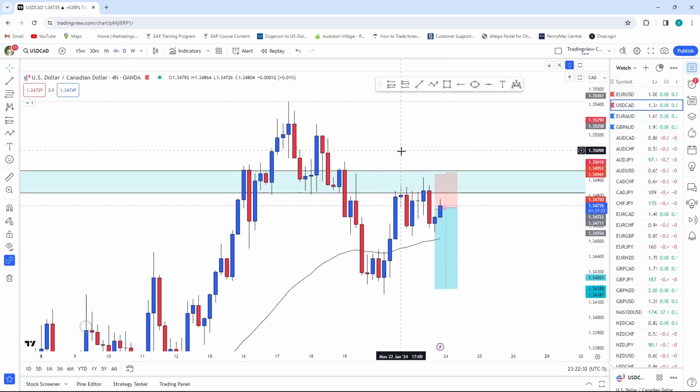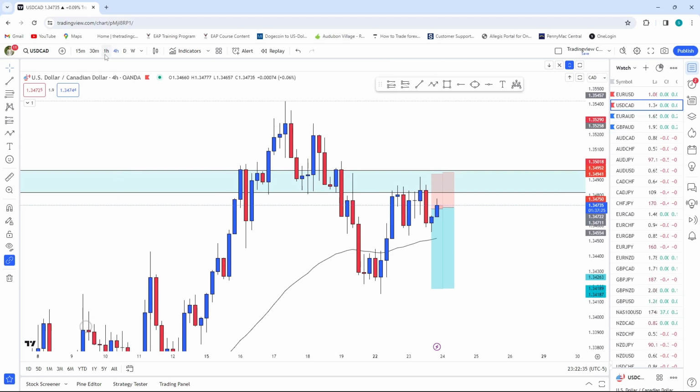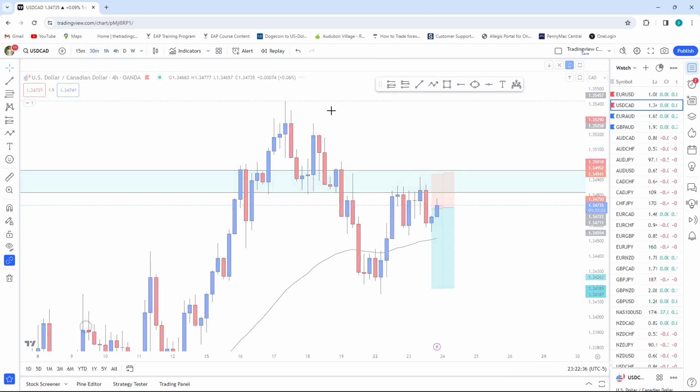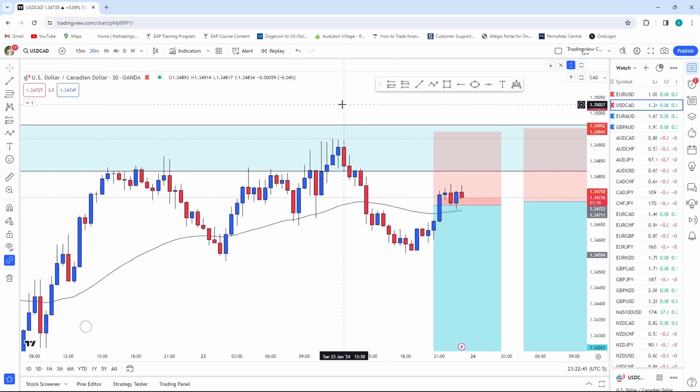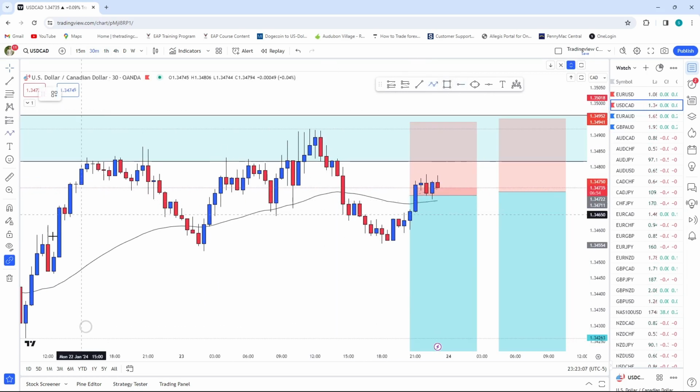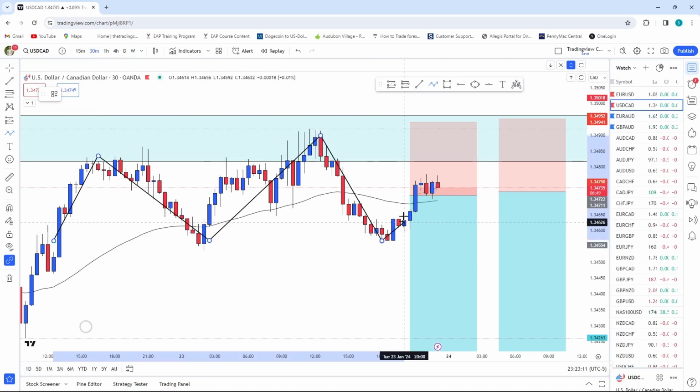So once I saw that we looked like we were retesting the 4-hour neckline, I went down to the 1-hour and the 30-minute. The 1-hour didn't show me anything. So once I hopped down to the 30-minute, I noticed that it was also potentially forming a head and shoulders pattern, as we can see here.